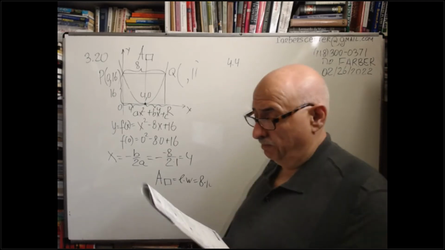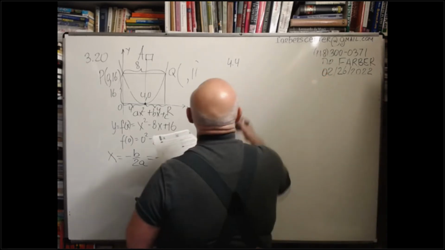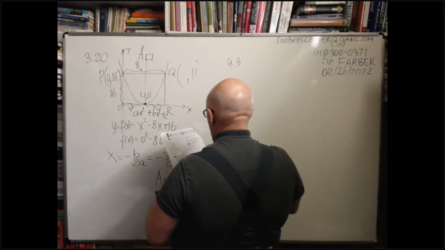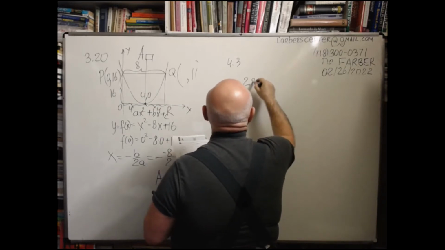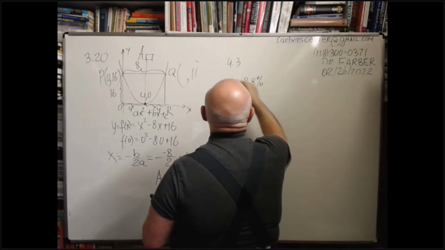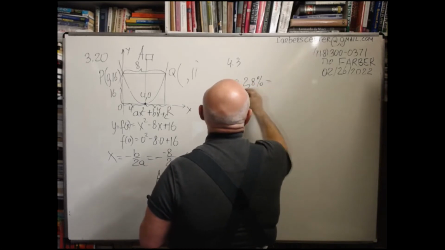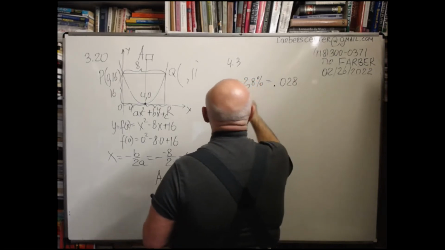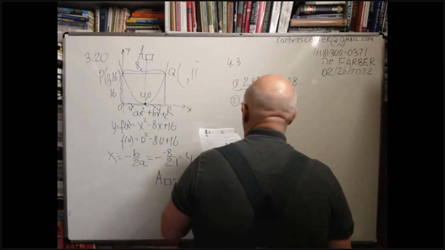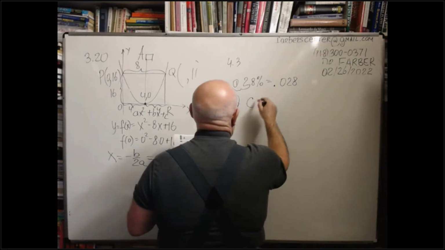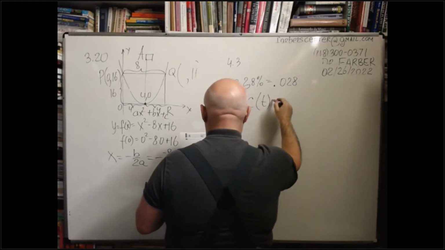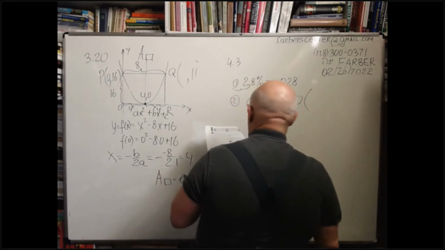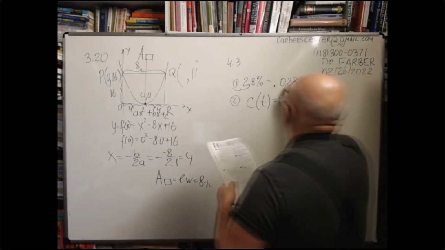Thank you. So let's do 4.3 first. They said 2.8%. If you divide by 100, it will be 0.028. Step not 2. They give you the formula to save time. Let me write this formula: C of T equals 250, and every year this amount is increasing.